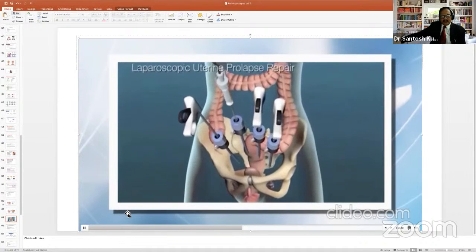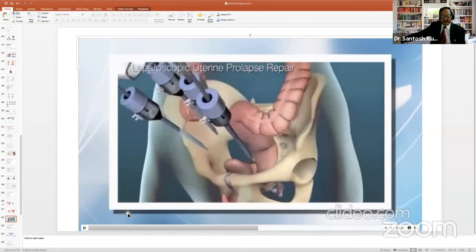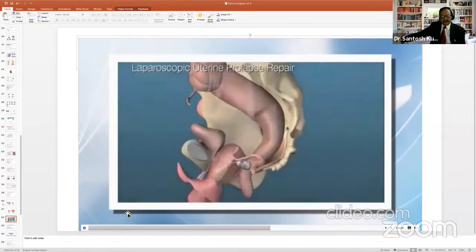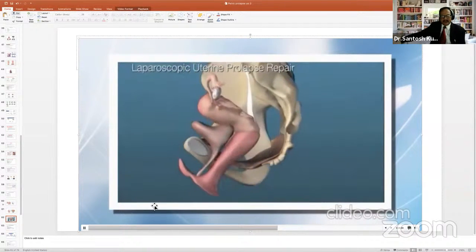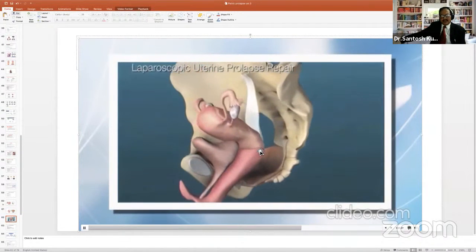And this is laparoscopic repair. You are putting mesh from the uterus and vagina to the sacrum. This is sacrocolpopexy.